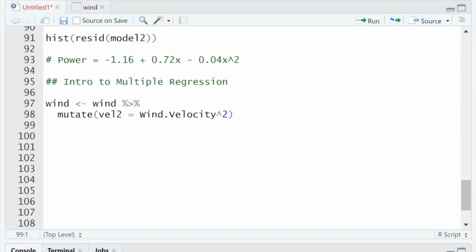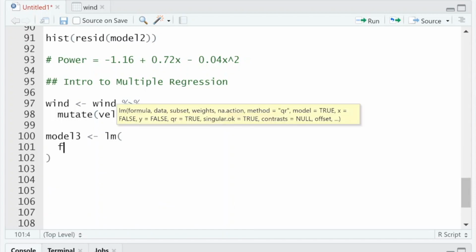So what we can do, we'll call this model 3. And it's going to get a linear model made up of formula equals, okay, and then DC output as a function of wind.velocity plus VEL2.